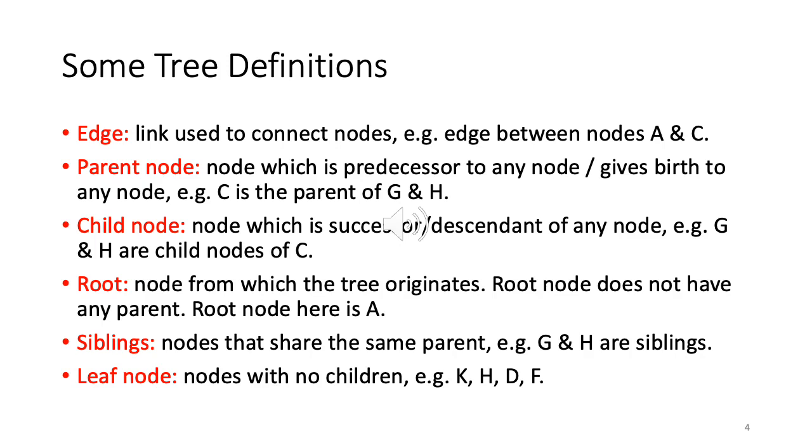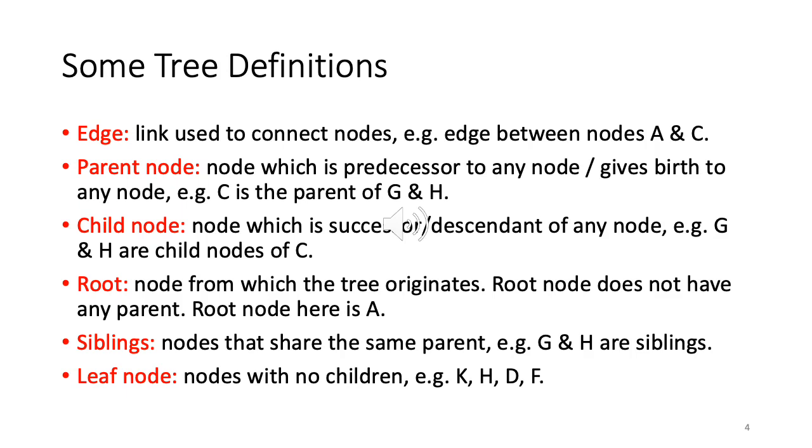In the pointer to the right child, we fill the starting address of node C. Then node A will be linked to node C. While we talk about node A, we just need to access its right child pointer, and that will contain the starting address of node C. Once we have that, we can visit node C and do whatever we want on it. Okay, so that's an edge.